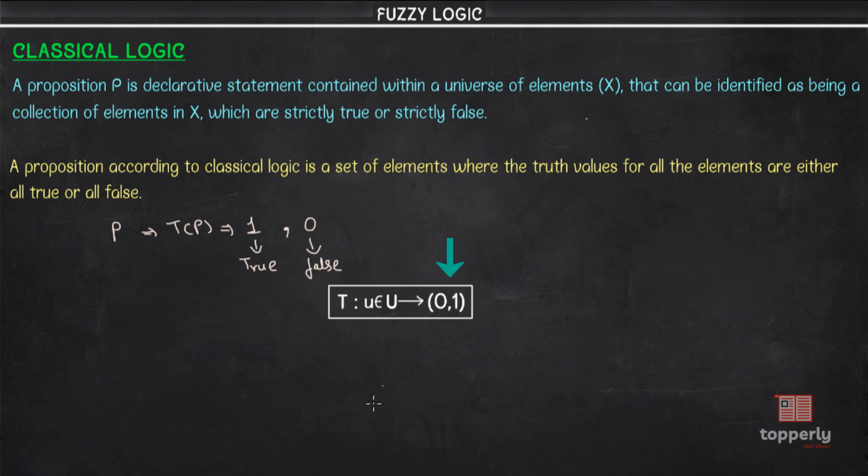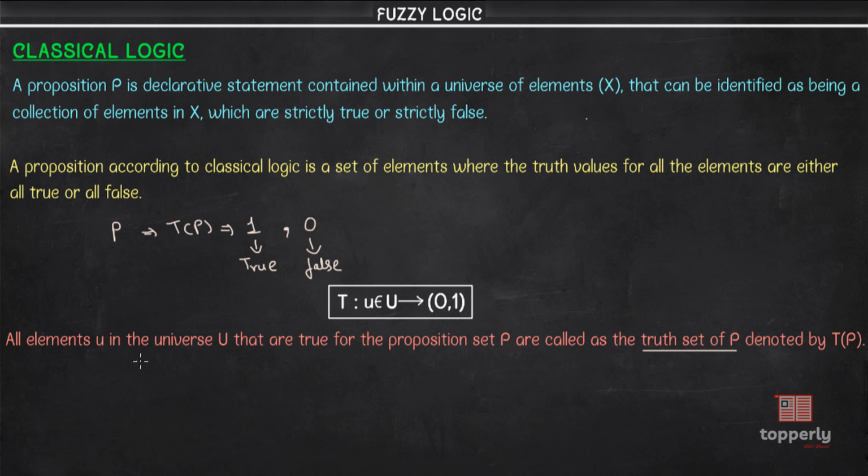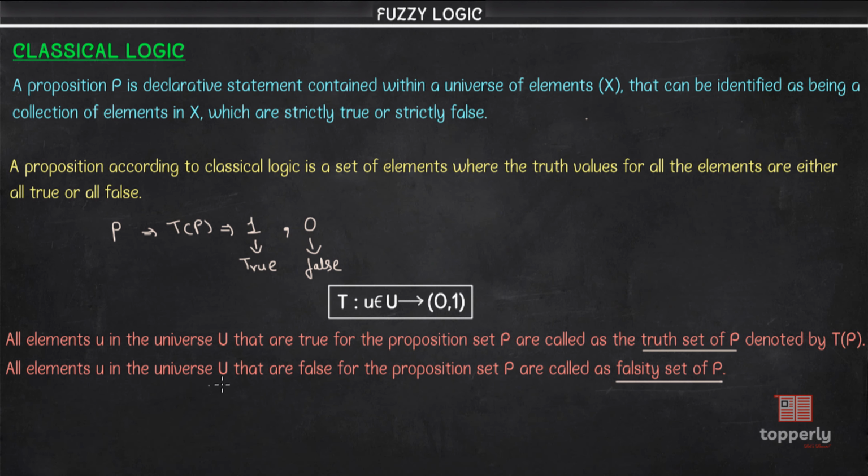Or we can say that all the elements U in the universe U that are true for the proposition set P are called the truth set of P, denoted by T of P. And all the elements U in the universe U that are false for the proposition set P are called the falsity set of P. That is, the truth set of P, denoted by T of P, will take a value of 1 and the falsity set of P will take a value of 0. So this is how a proposition works in classical logic.